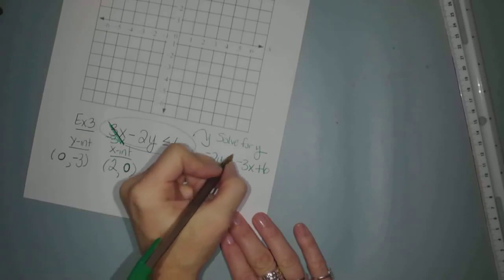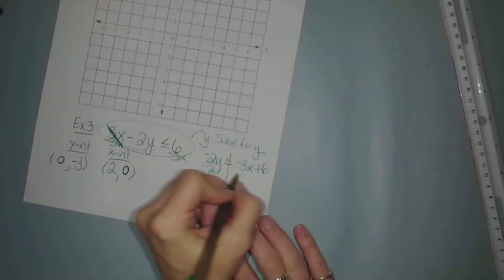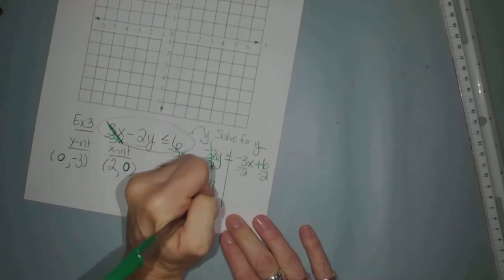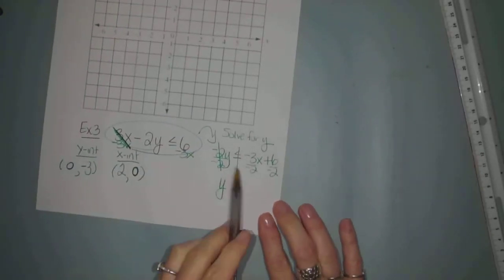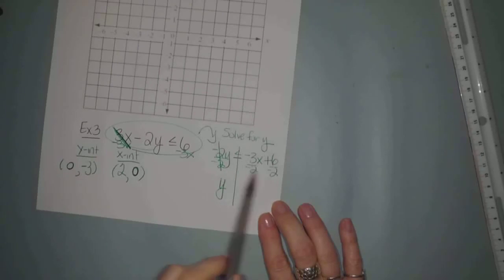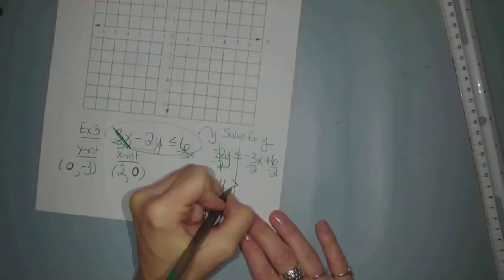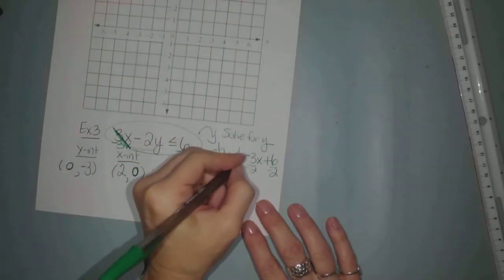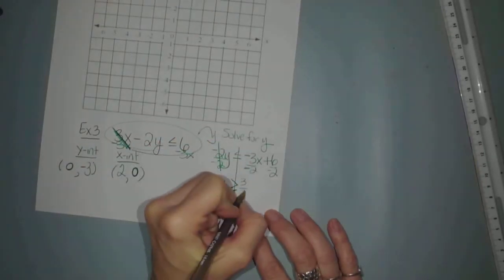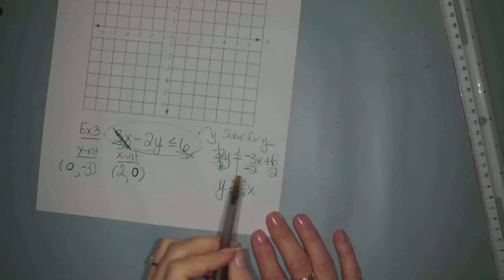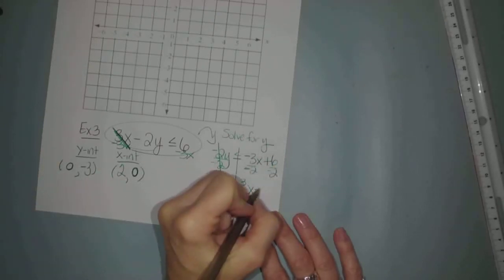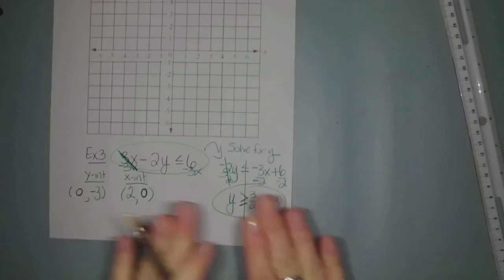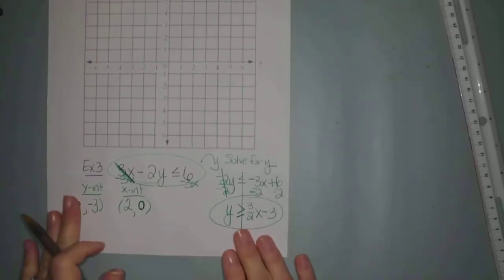And when I divide everything by negative 2, I'm going to get y. Watch, I hope you remember this. When you divide by a negative in an inequality, the symbol flips. So y is greater than or equal to negative divided by negative is positive 3/2 x. 6 divided by negative 2 is negative 3. So I can either graph these or this. I want to show you that they're actually the same.